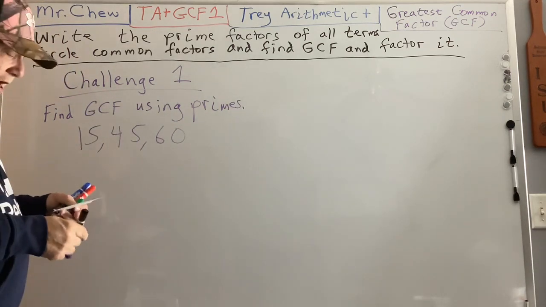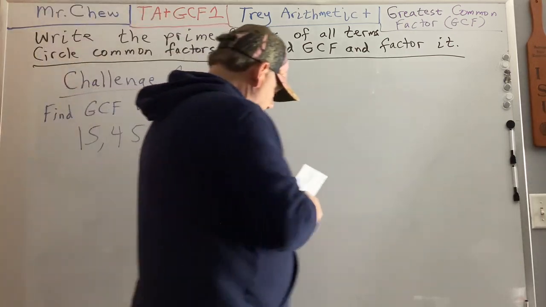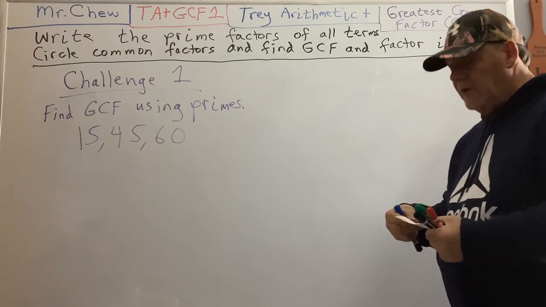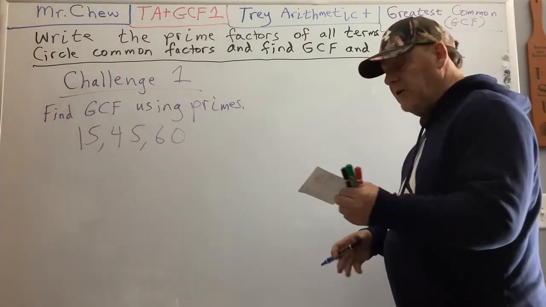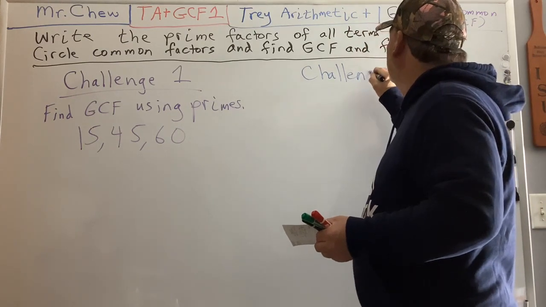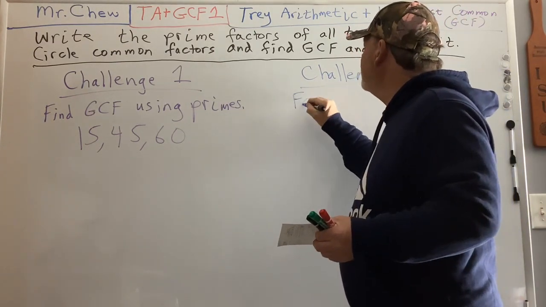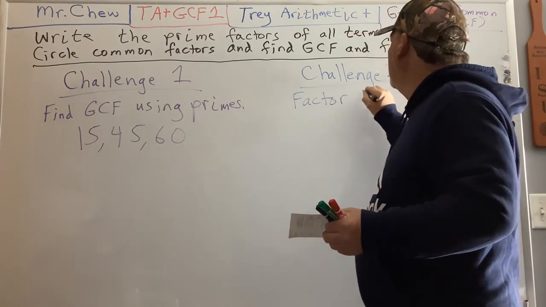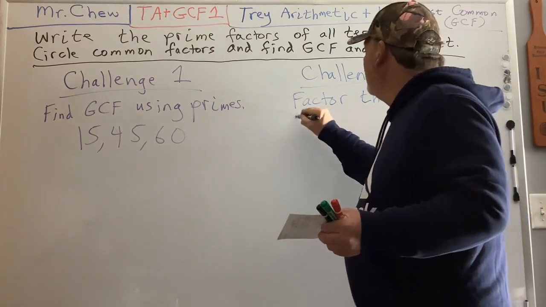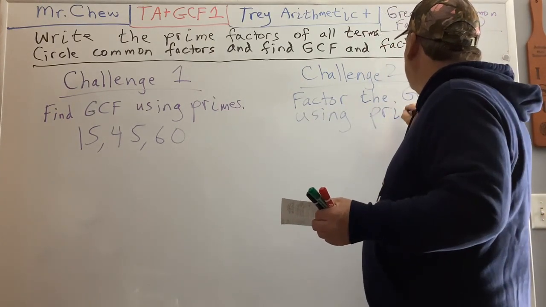So there's your first challenge problem. The second challenge, you're going to be finding the GCF of an expression. Here's challenge 2. So we want you to factor the GCF using primes.